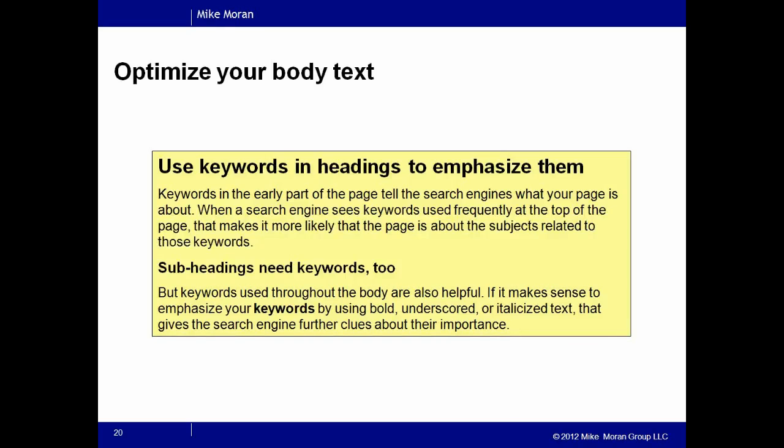So if we're taking this example that we had for Snap Electronics, where they're looking to try and get searchers who type in digital cameras to find them, well, the search engines aren't going to show a page just because it says digital cameras on it. There are millions of pages that have the words digital cameras on it. But they will be looking for a lot more than just the words digital cameras. They're going to be looking for things like megapixels or photography or flash or all sorts of words that have to do with digital cameras.